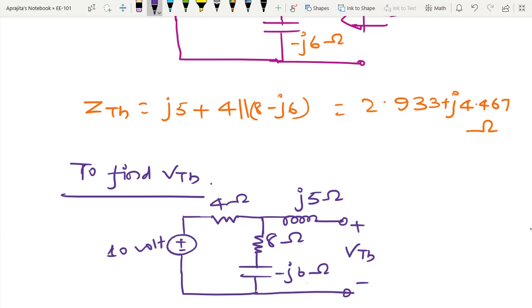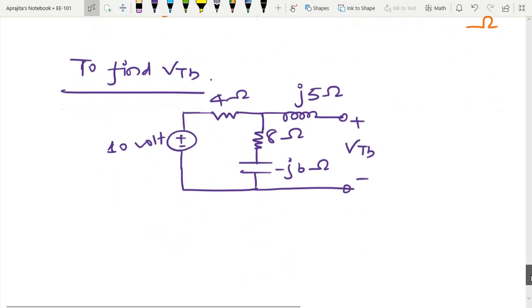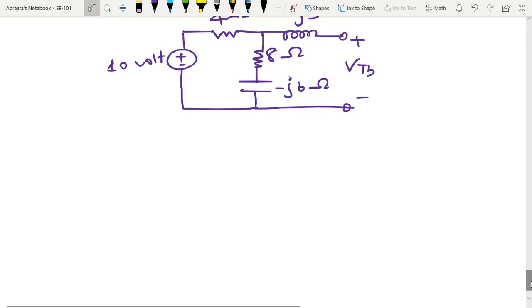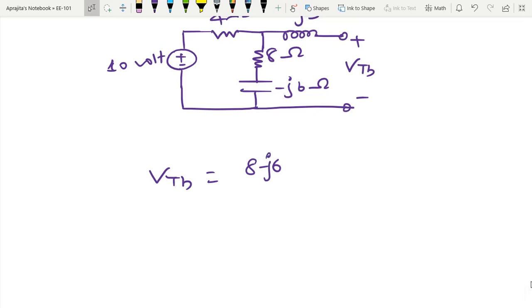So directly I can calculate the VTH, and the expression for VTH is (8 minus J6) by (4 plus 8 minus J6) multiplied with the 10.